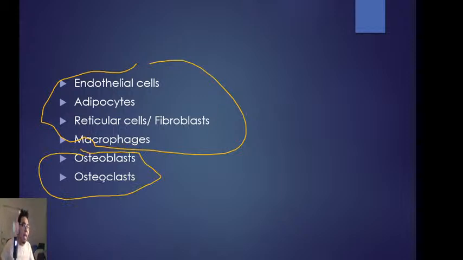All right, clasts and blasts. Osteoblasts add more structure to your bone integrity. Osteoclasts diminish bone integrity. So they both function differently. The rest of the things here are pretty much associated with hematology.